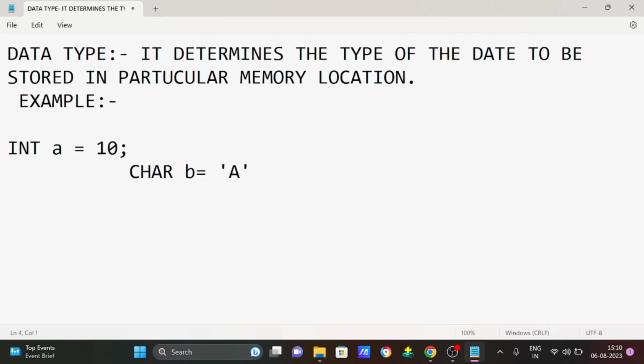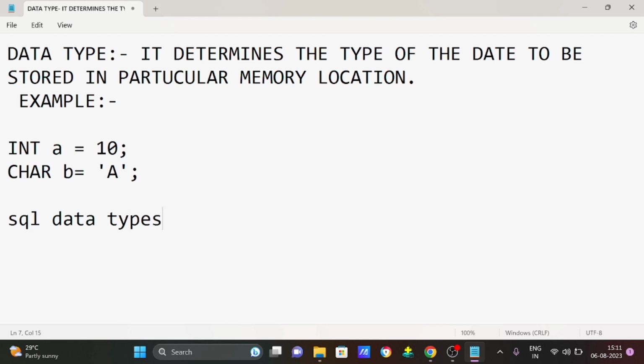If we consider this as an example, int and char are the data types, and a refers to the memory location, the variable where we are storing the value 10. So int defines the type of the data that we are storing in the memory location. I think you understood what a data type is and what it means. Now let's understand the different types of data in SQL.